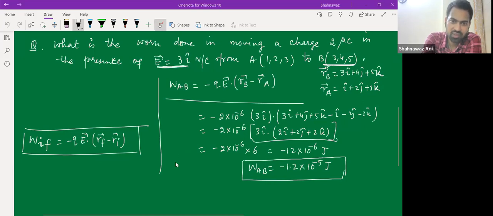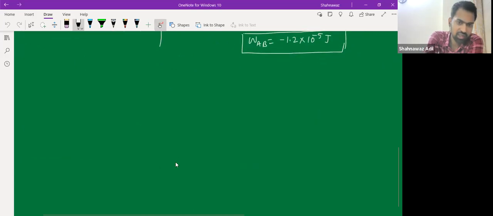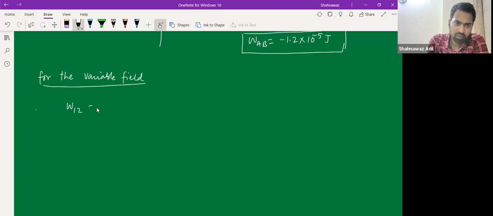Okay, now you have the variable field. So for the variable field, the work done from 1 to 2 would be simply minus QE dot dr from 1 to 2. Okay.